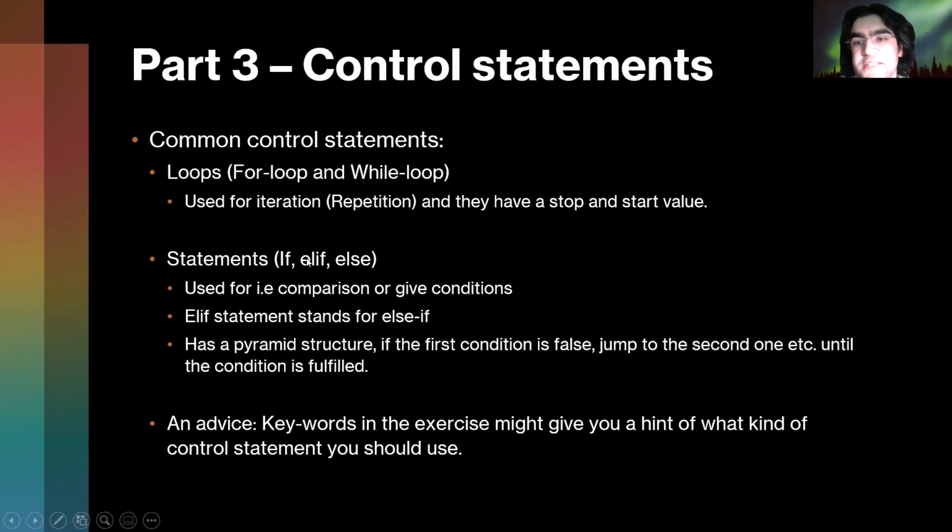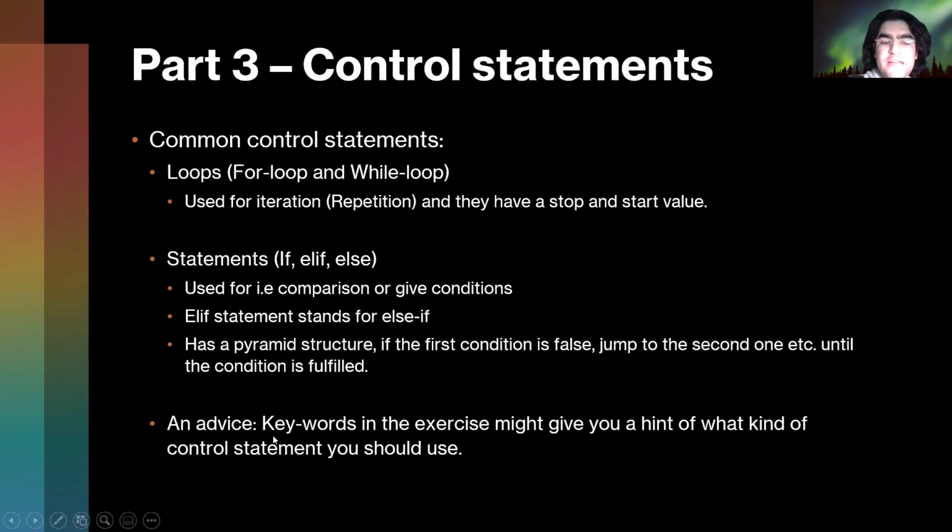Elif is else if statements, and they're mainly used for instance, comparison or to give general conditions to a code. And it has a pyramid structure. So if the first condition is false, then it jumps to the second condition, and if the second condition is false, then it goes to the third condition, and so on, until the condition which is true is actually used, and the variable is either printed or reused in the next instruction.